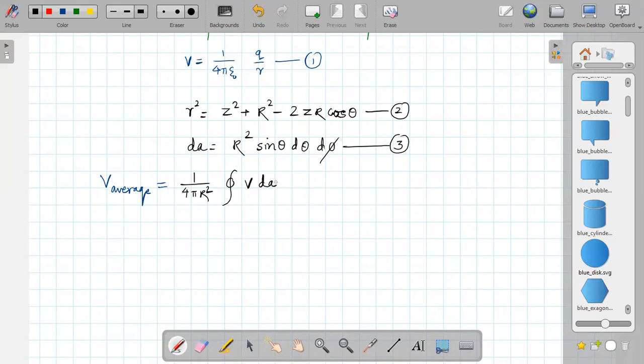This is your basic equation. Say, suppose equation number 4. Equation number 4 is a basic property of the Laplace equation in the three-dimensional case.